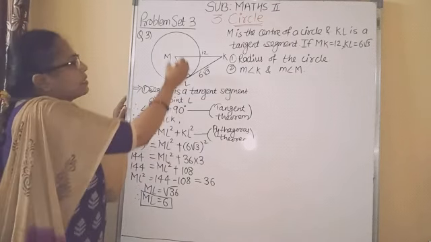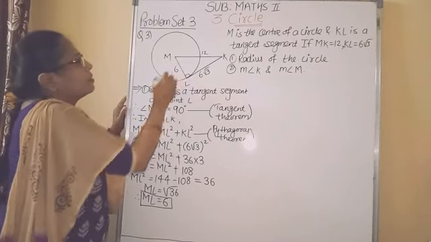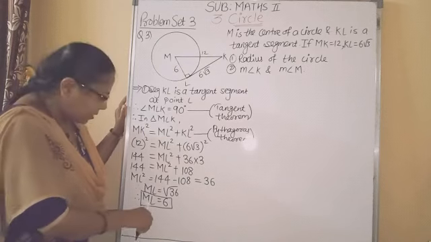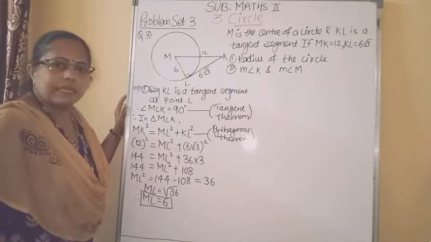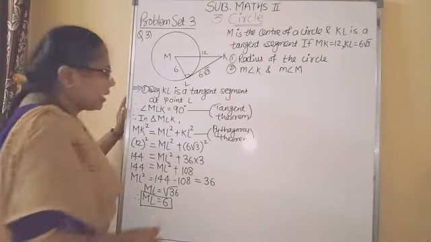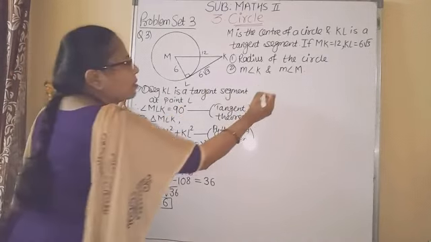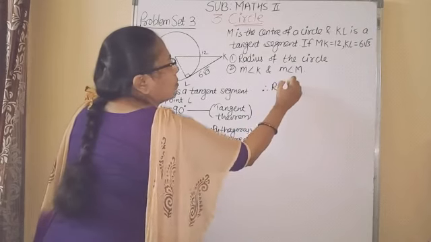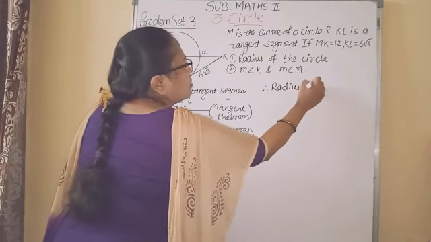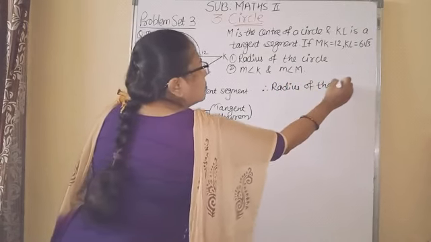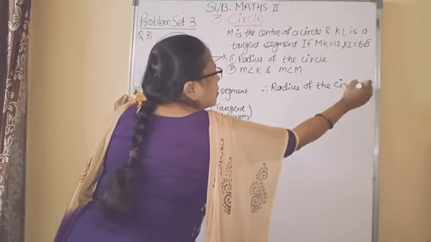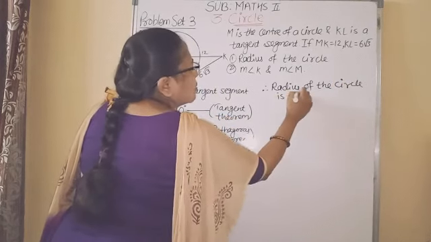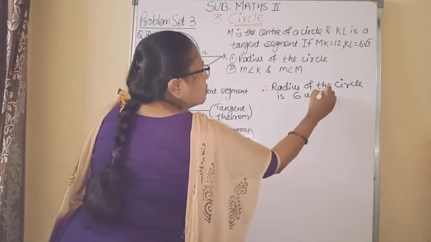And ML is the radius of the circle. So radius of the circle is 6. So according to the question, write the answer. Therefore, radius of the circle is 6 units.